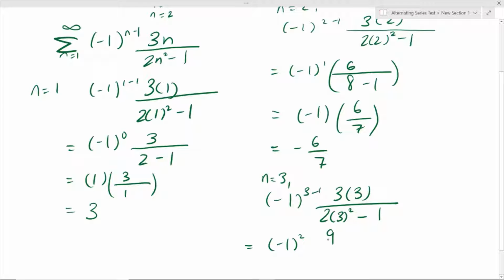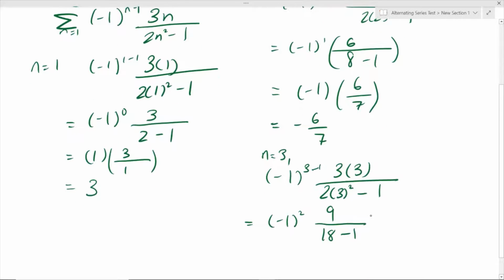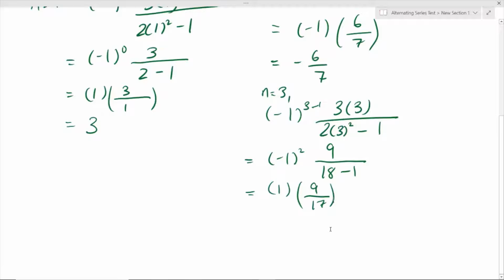And then this would be 9. And then 3 squared is 9 here, and then 9 times 2 is going to be 18. Then we subtract 1 right here. And then we get -1 squared, which is just going to be +1 times 9 over 18 minus 1 is 17. And then here we will get 9 over 17.